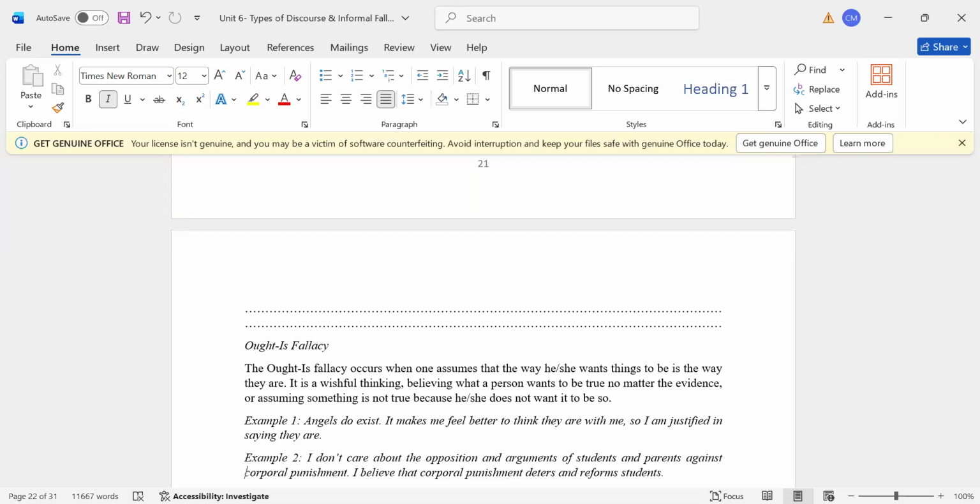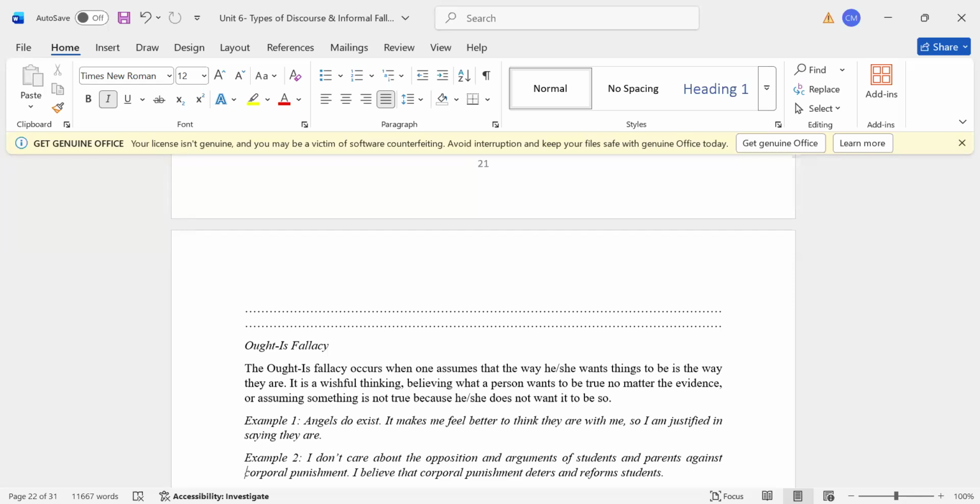Then you draw a conclusion. So you don't have money to buy a car. You are wishing that you will buy a car one day. And then you say, oh, my car is a nice one. I am going to do it this way. It will always be like this.